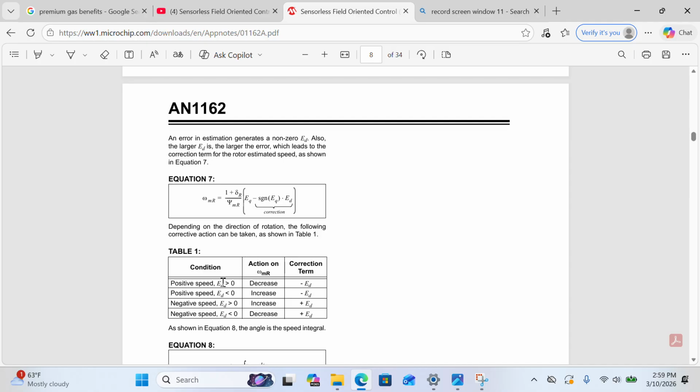Depending on whether ED is positive or negative, there is a sign. So it's pretty much just a constant divided by the magnetic flux, and then EQ minus whatever the sign gives you of the EQ times ED.